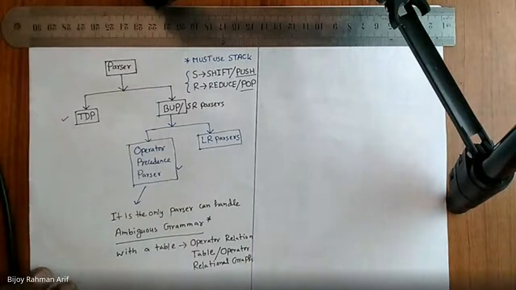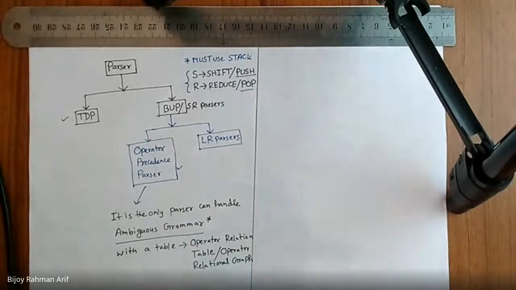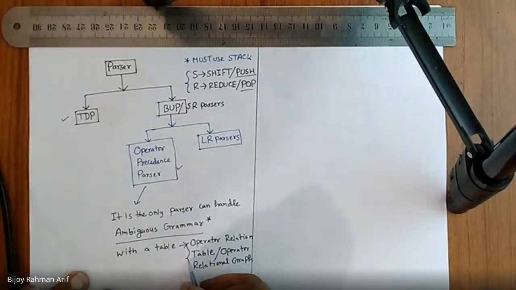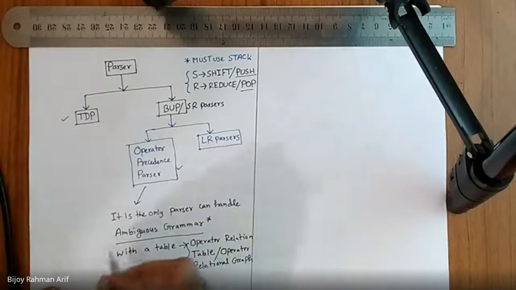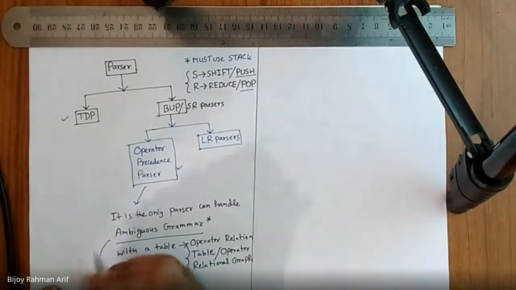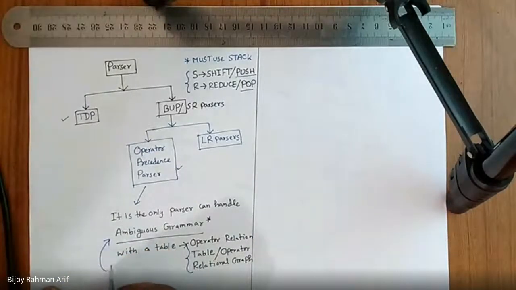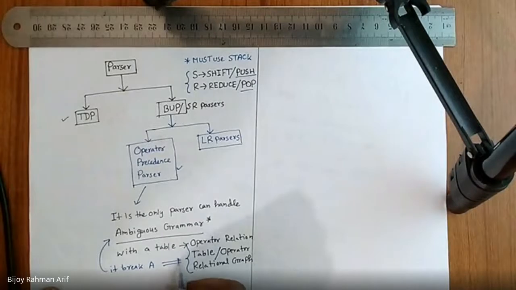So remember, it can use ambiguous grammar, that is true, but with the help of this. Actually, whenever it uses the operator relational table, it breaks away from this ambiguity using this.